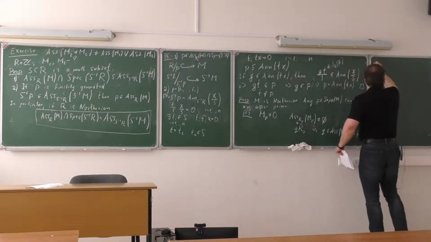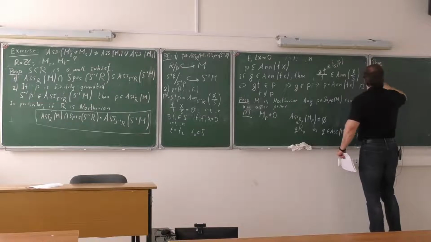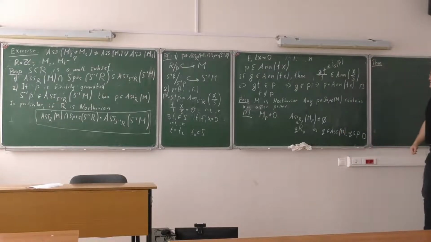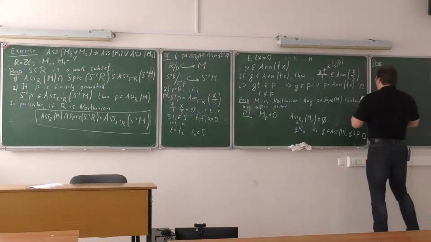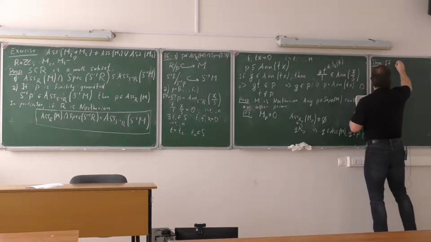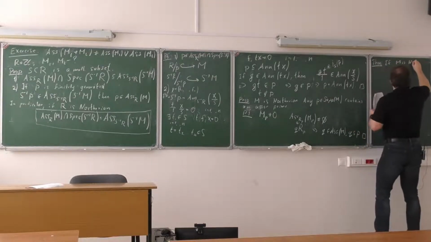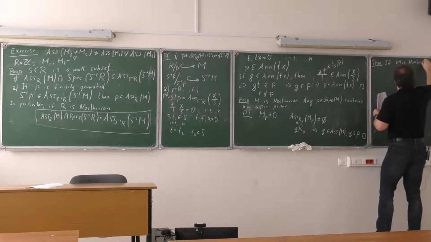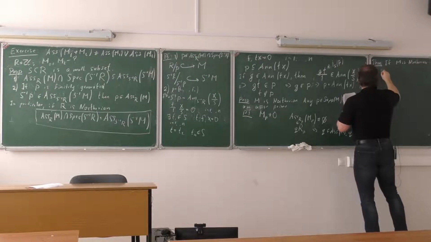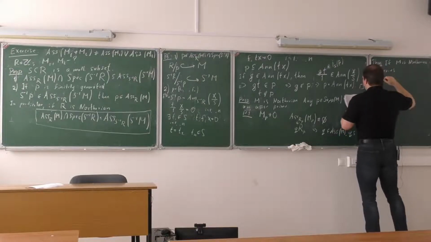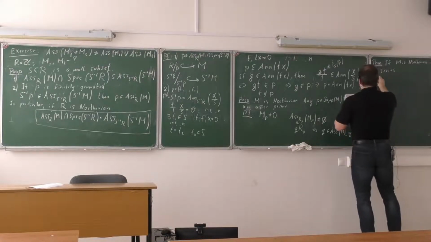Okay. Now we're actually going to prove something that I'm going to call a theorem. You can notice that not very many statements I call theorems. It's not because this is hard, because I think this is quite an important statement. So the statement is the following. If M is Noetherian, there is a series of submodules. First module is 0, which I'm going to call M_0.